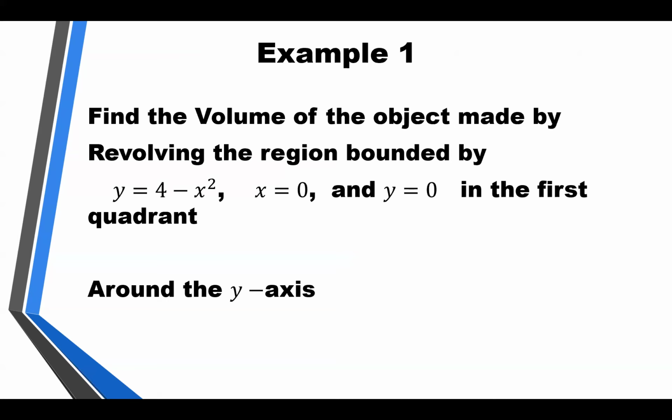Let's do an example. In fact, let's do an example that we've dealt with before in our previous video when using the disk method. Let's take the volume of the object made by revolving the region bounded by y equals 4 minus x squared, x equals 0, and y equals 0 in the first quadrant around the y-axis.